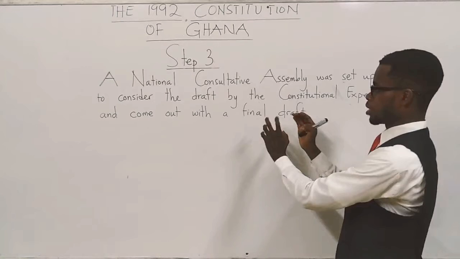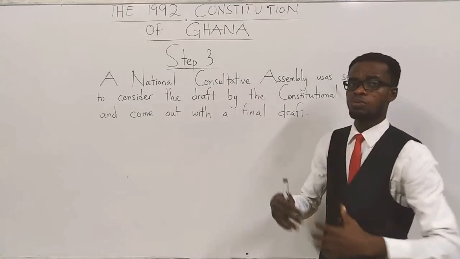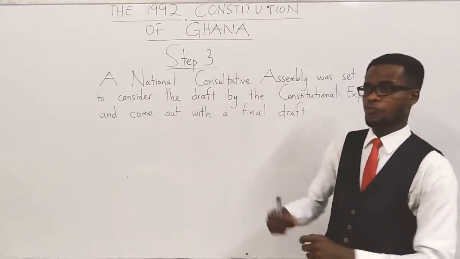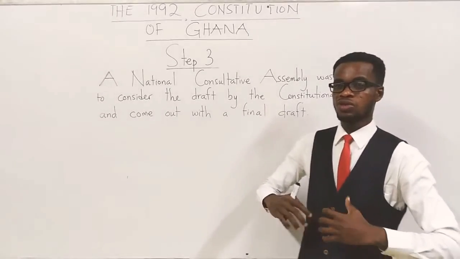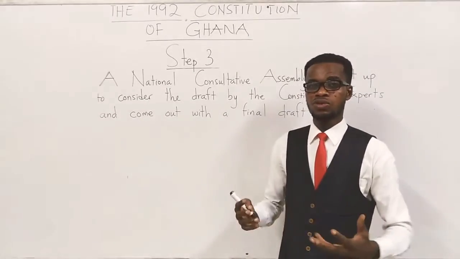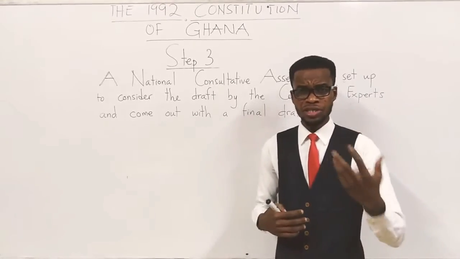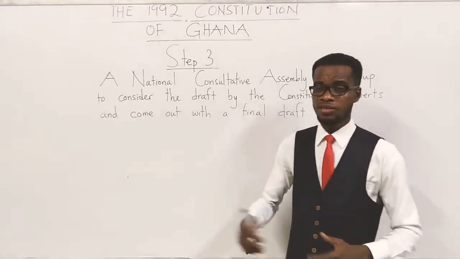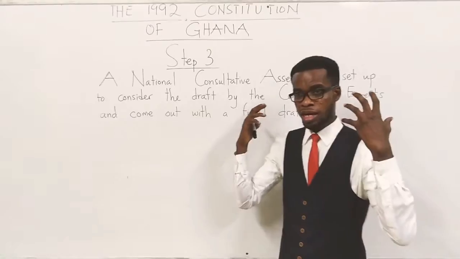Now here, the National Consultative Assembly was to make sure they go and solicit views from different people. Because the constitution is what they call the people's constitution, drawn for the people, they had to consider the views of teachers, lawyers, students, fishermen, farmers, traders, among others. All these people were stakeholders.